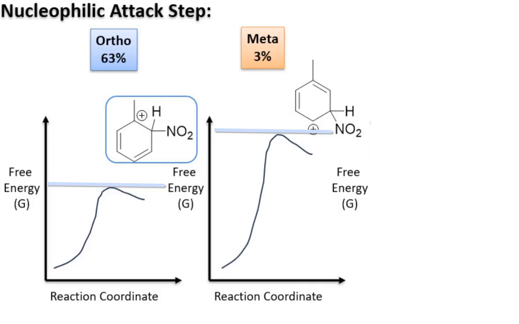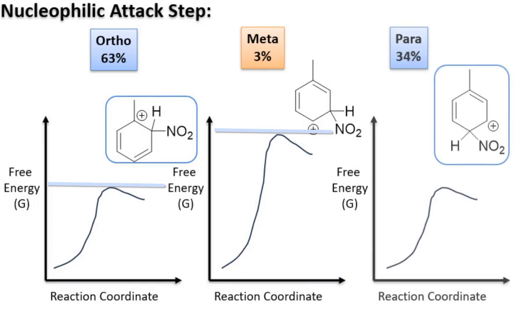And as well, the intermediate that we're left with is also much higher energy. It's not stabilized by that electron donation. And then finally, looking at the para attack, we can see that it has a slightly lower activation energy than ortho, and a slightly lower, it looks like, intermediate energy as well.